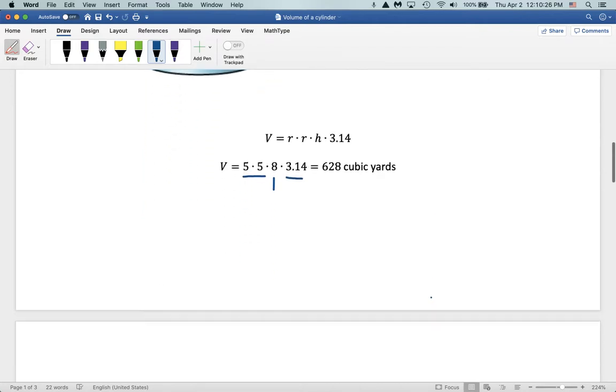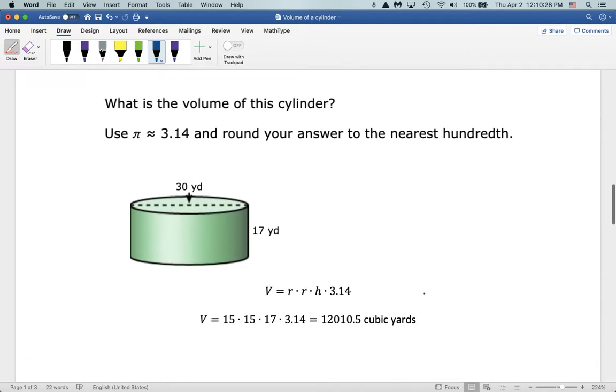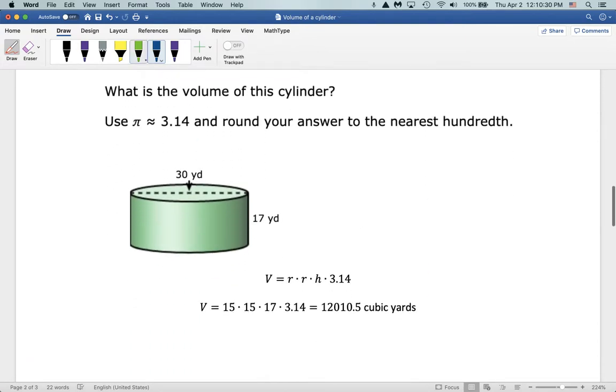But there will be some that might try to confuse you just a little bit. Here's another example where I want to emphasize that they don't give you the radius. They give you the diameter. So how do you find the radius from the diameter? When I go to plug in r, I'm not doing 30 times 30. I need half of this. So it's going to be 15 on each side, or the radius is 15.